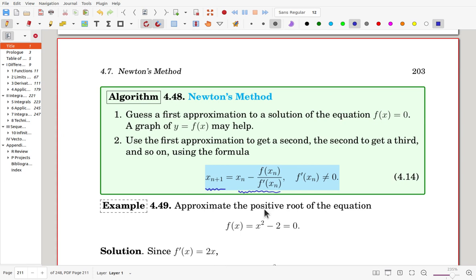So from x0 you repeatedly compute updated values. Okay, that is the Newton method.